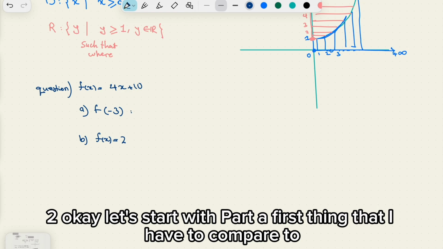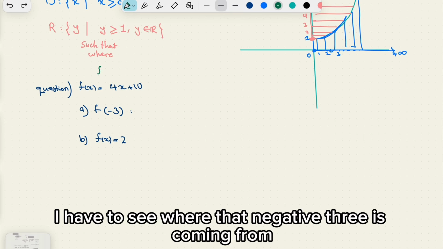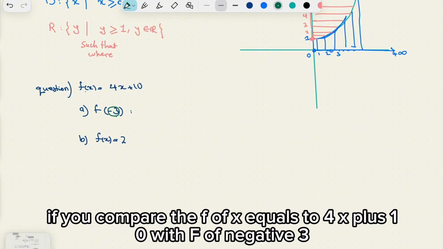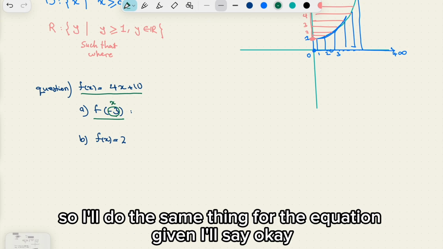Okay, let's start with part A. First thing that I have to do is see where that negative 3 is coming from and what it is representing. If you compare f of x equals 4x plus 10 with f of negative 3, you'll see that negative 3 sits instead of x. So I'll do the same thing for the equation given.